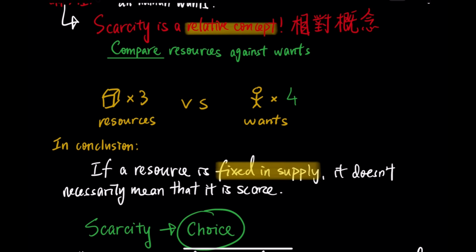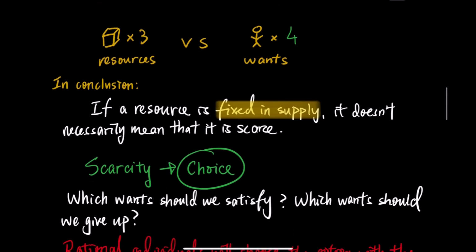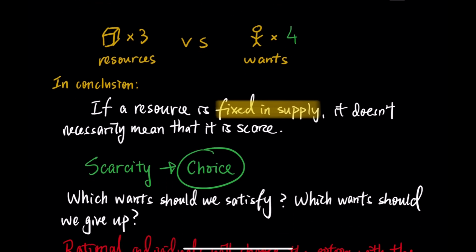In this case, would it be able to satisfy all of the current human wants? The answer is no. We have 4 people who want 1 unit of this good, but we only have 3 units. Then in this case, this good would be scarce. So in conclusion, if a resource is fixed in supply, this doesn't necessarily mean that the resource is scarce.